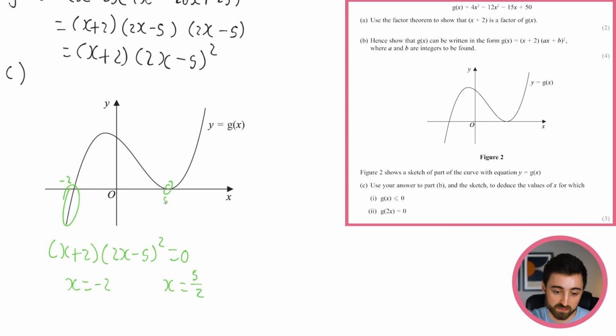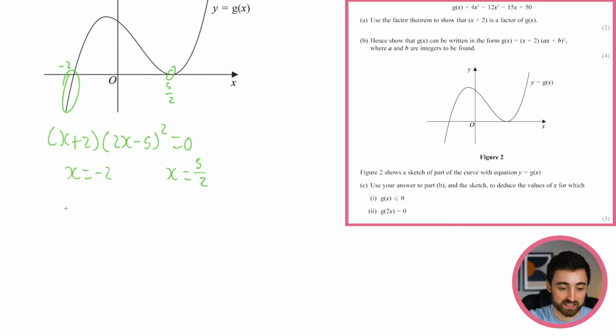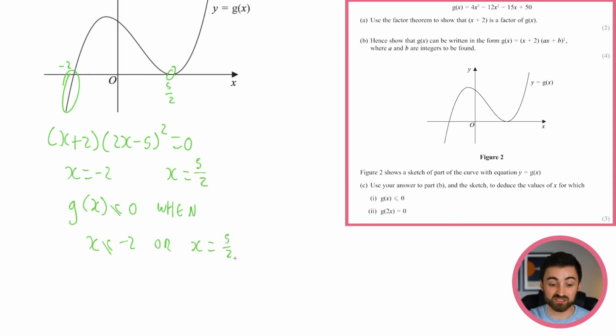So we know that this bit's 5 over 2 and this bit's minus 2. Therefore, g of x is less than or equal to 0 when x is less than or equal to minus 2, because it's all of that stuff over there on the left, or when x is just equal to 5 over 2, g of x is going to be equal to 0. And they're the only two parts, aren't they?